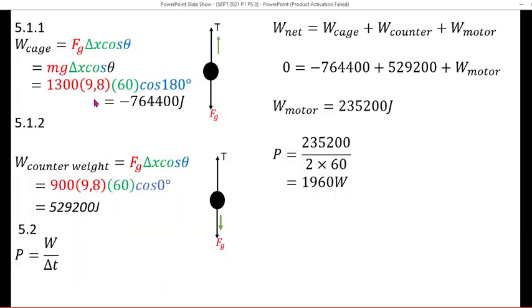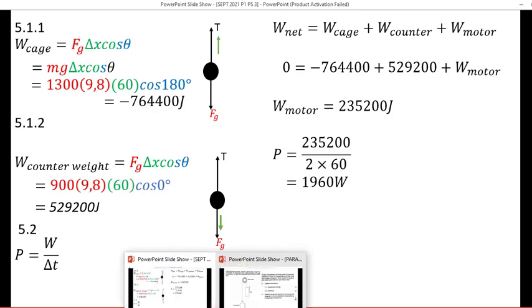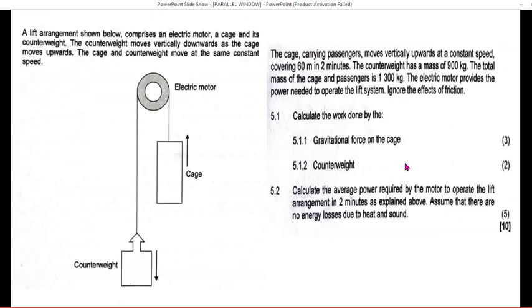1,300 kilograms times 9.8, the gravitational acceleration, times 60. 60 is the displacement. Let us go and verify that one also. It says that the cage carrying passengers moves vertically upward at a constant speed, covering 60 meters in 2 minutes.